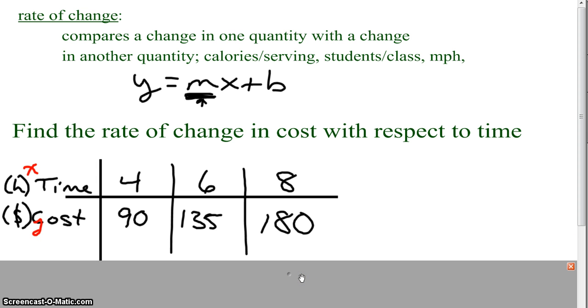So if you're going to find the rate of change, we're looking again for the S word, the slope. And so how were we finding slope yesterday? Good. Excellent. y2 minus y1 over x2 minus x1.